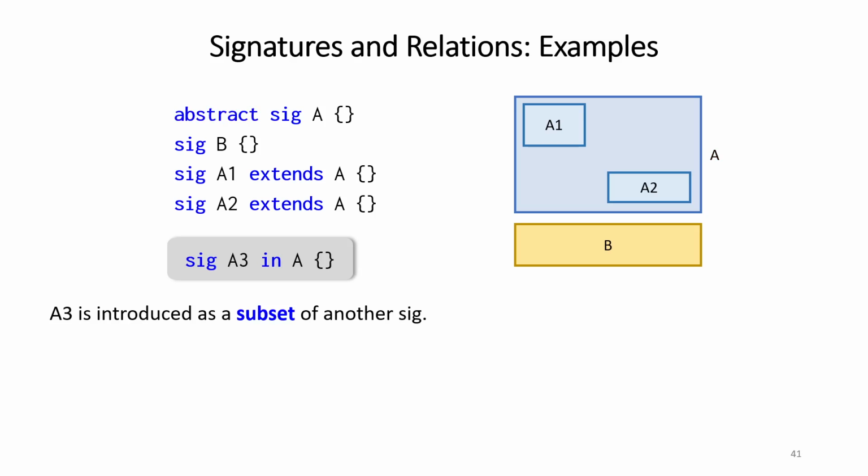Okay. Yeah, and we can also have another thing that's called subset signatures. So there are these regular signatures that are extending, and then there is this A3 in A, which means that any of the elements that are in A could also be in A3.